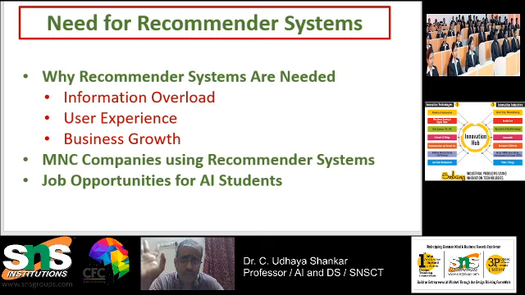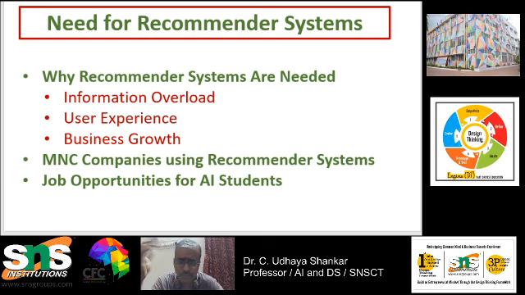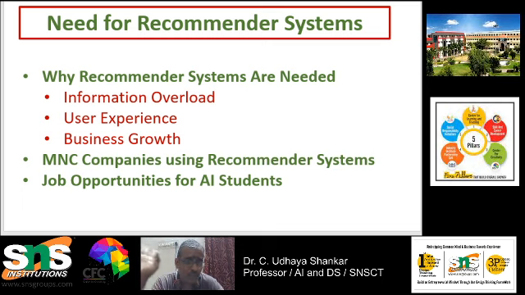Everywhere it is used nowadays. Amazon, Netflix, TripAdvisor, Swiggy, Zomato, everything. Mostly, whichever company is doing its business using the internet will be using this recommender system concept to enhance their business, to improve the user experience and to avoid the information overload.